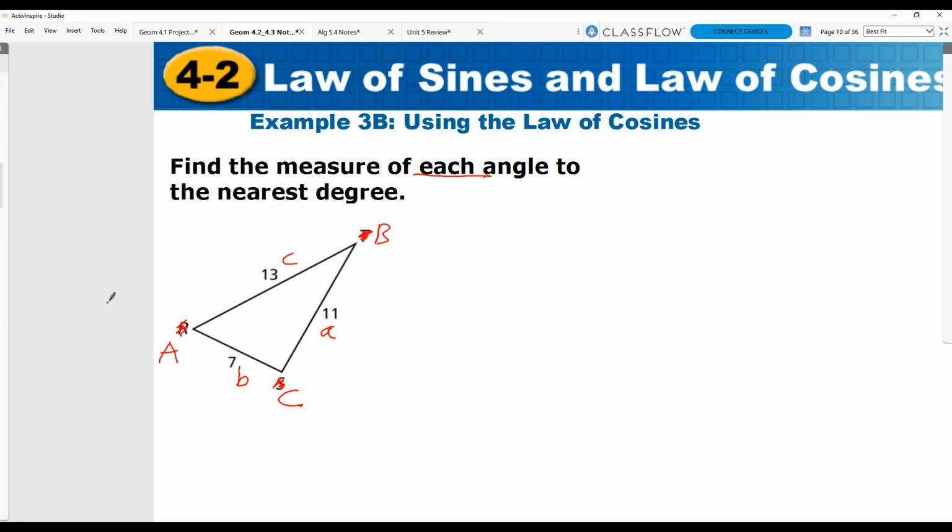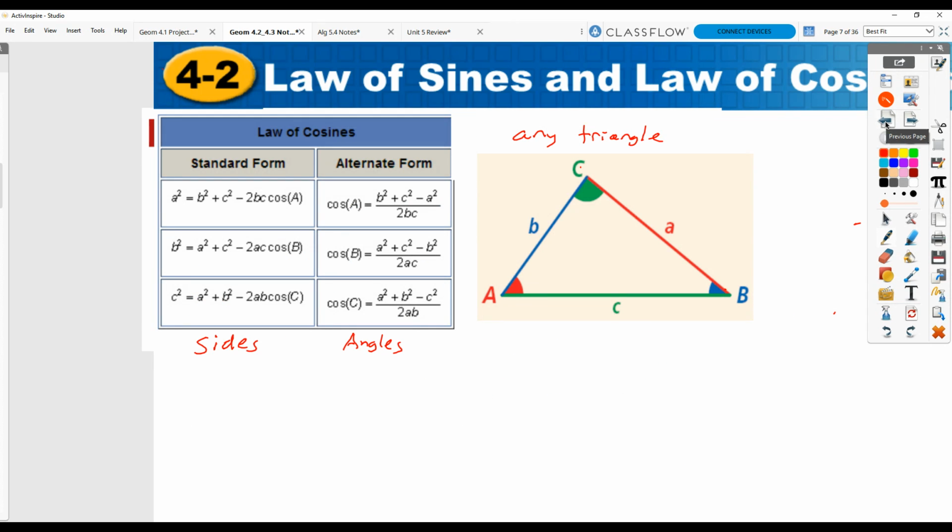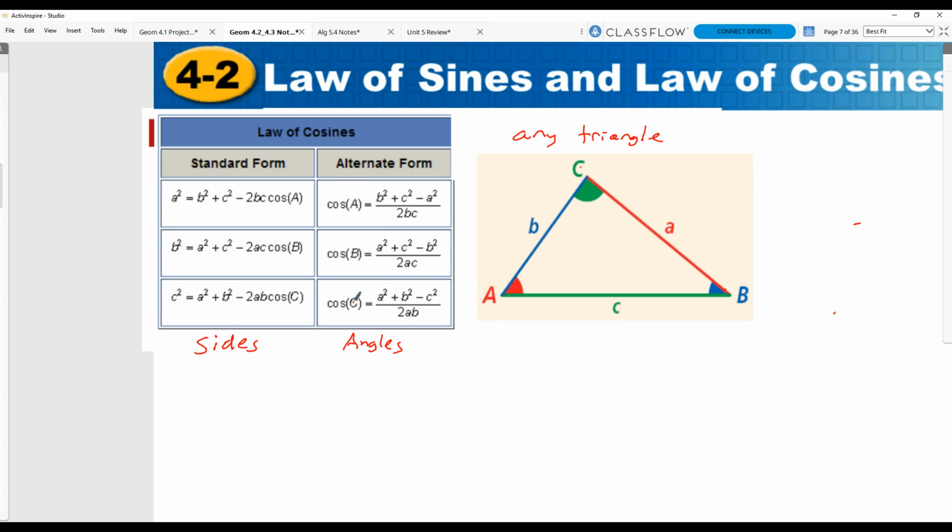Okay, now I want to start finding what these missing angles are. Let's just start with A. Okay, so let's say we're going to find what size angle A is. Okay, so let's go back and look at our formulas. Okay, so the one I want to use, these ones deal with the angles, and notice how I have cosine A, cosine B, cosine C. I'm going to use cosine A because I'm trying to find what size angle A is.